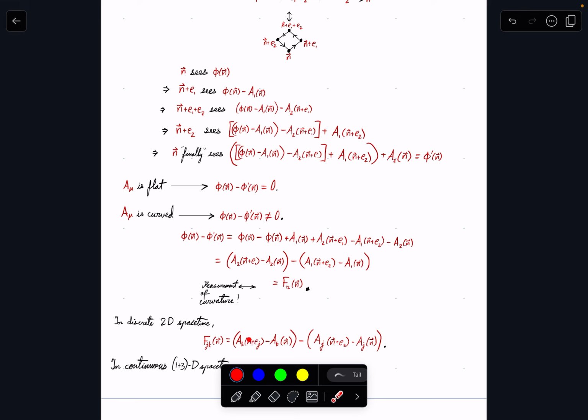So this is the connection at this point, and this is the connection at this point. So it shows this direction, and it's subtracting them, and then subtracting essentially the same thing on this side, and it's seeing if there's a difference. And if there's a difference, then there's curvature.